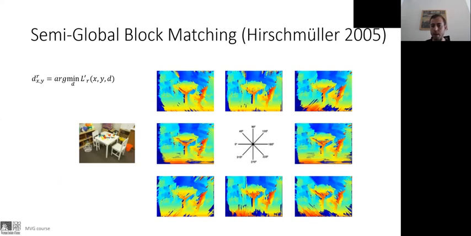Now that I get different cost volumes, in this case I have 8 cost volumes because I considered 8 directions. For each direction, I can look at the cost volume and take the winner-takes-all solution. Take the argmin over D from this volume to get the disparity for pixel XY.